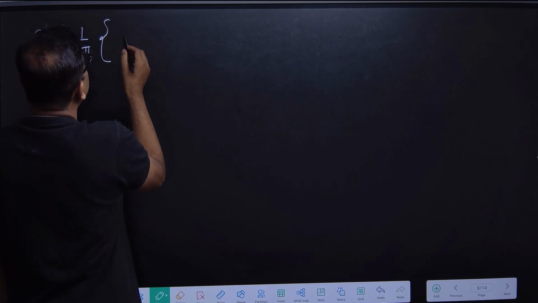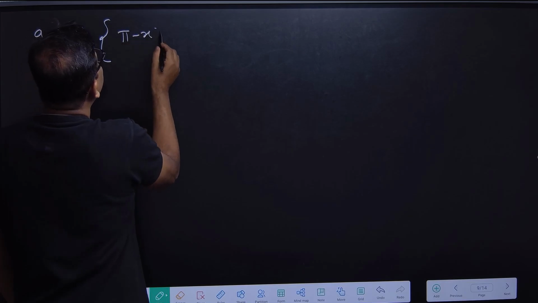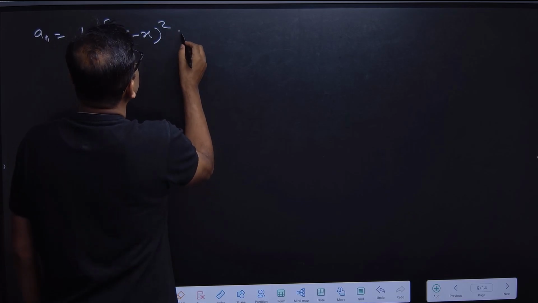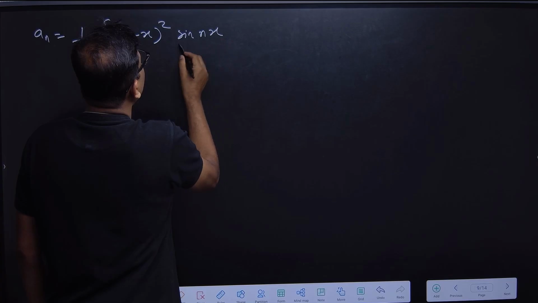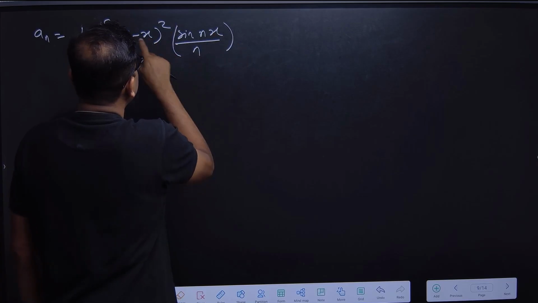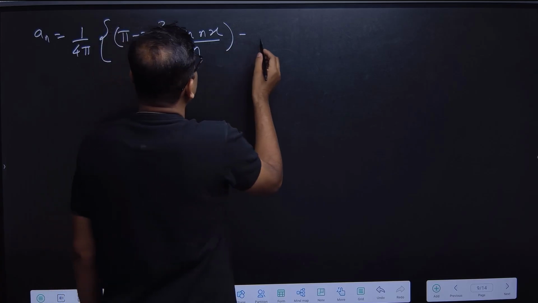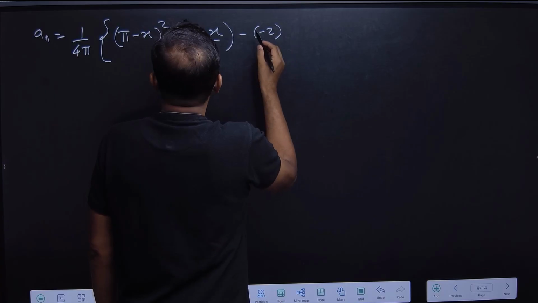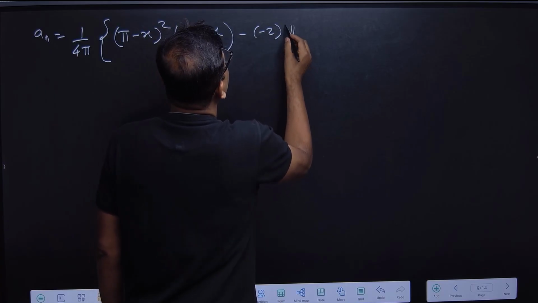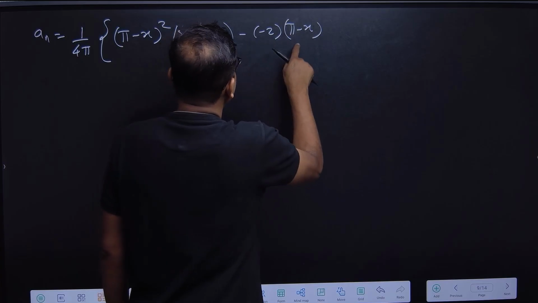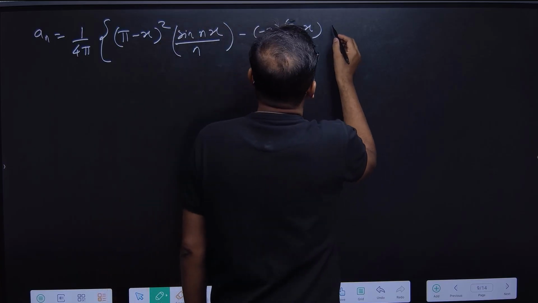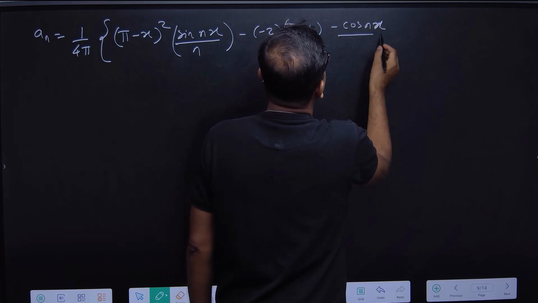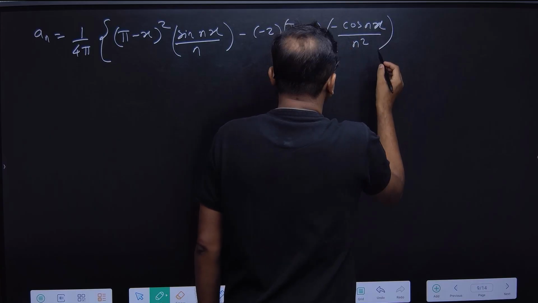First it is u, that is (pi minus x) the whole square, into v1. V was cos nx, v1 is sin nx upon n. So it is u into v1 term, minus u dash, which is minus 2 into (pi minus x), into v2. V2 is minus cos nx upon n square.